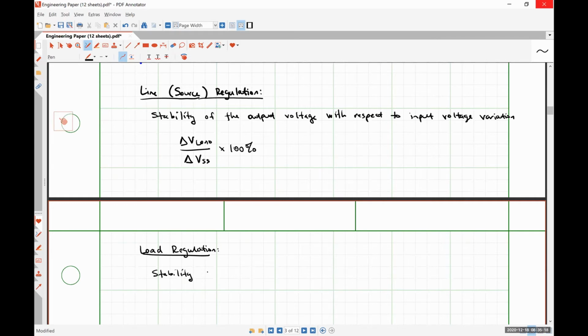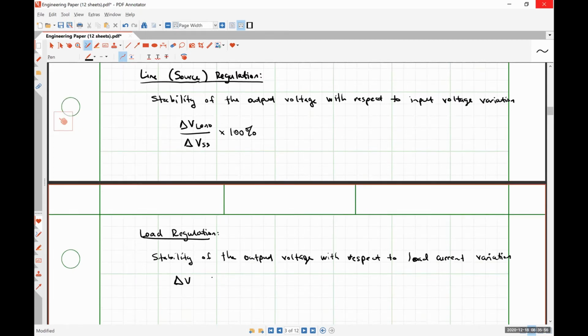And this is the stability of the output voltage with respect to load current variation, or delta V load divided by delta IL times 100%.